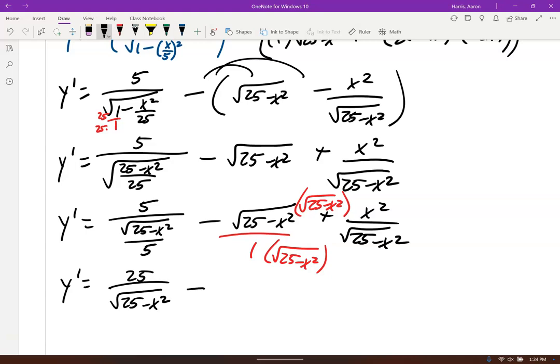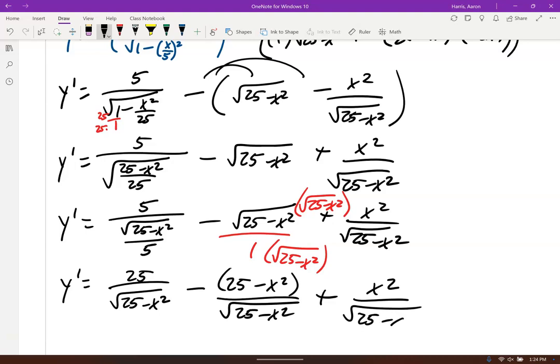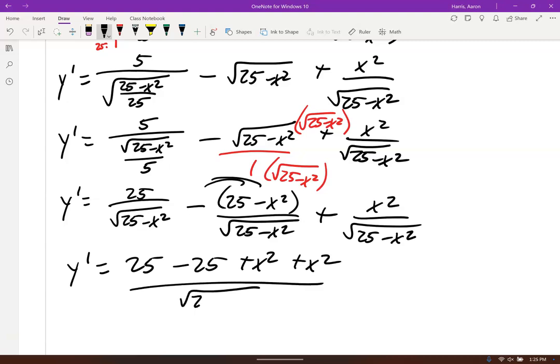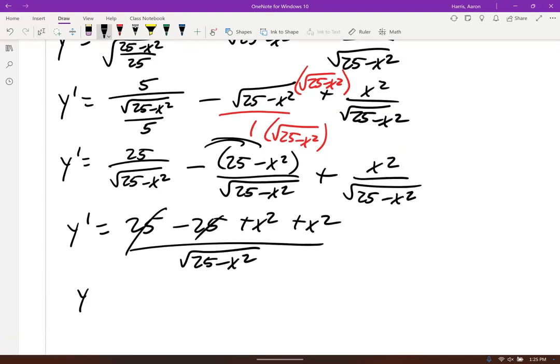And so I got minus, so square root times square root will undo that. 25 minus x squared all over this square root of 25 minus x squared. So I got 25 minus 25 plus x squared all over this common denominator. So I got x squared plus x squared ends up being 2x squared over the square root of 25 minus x squared.